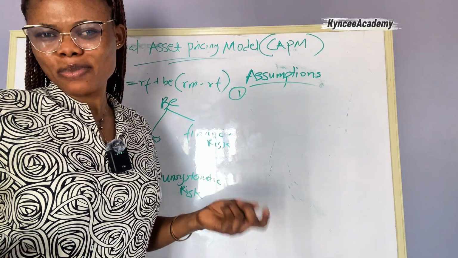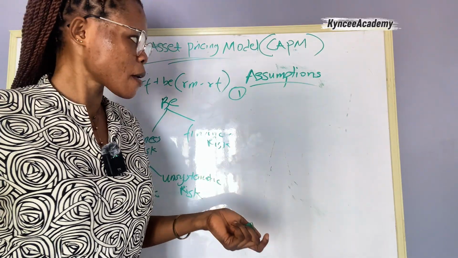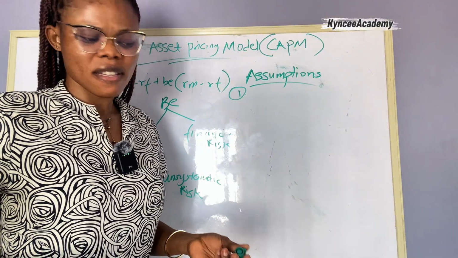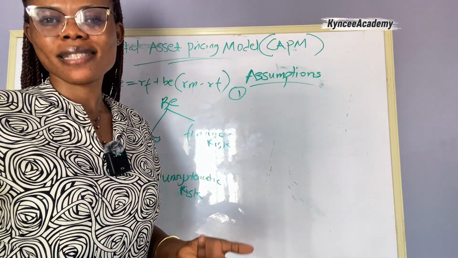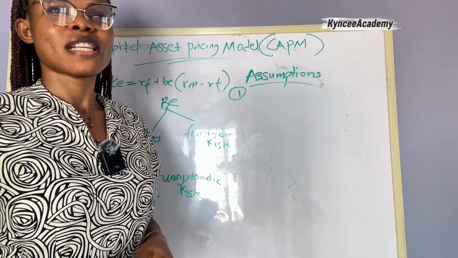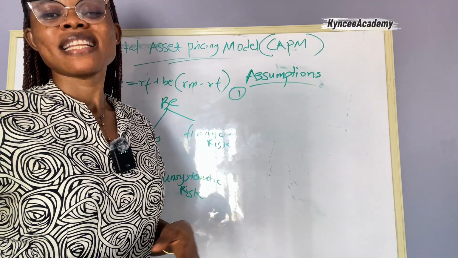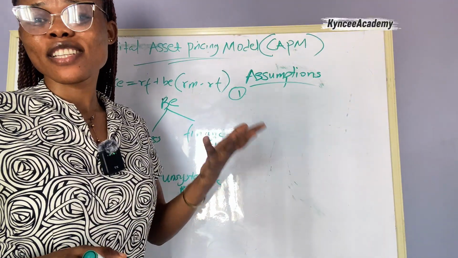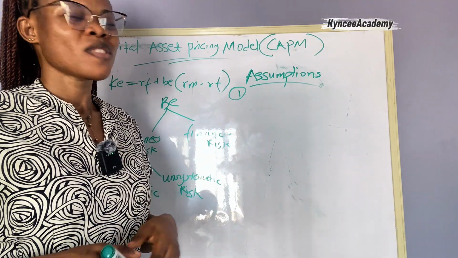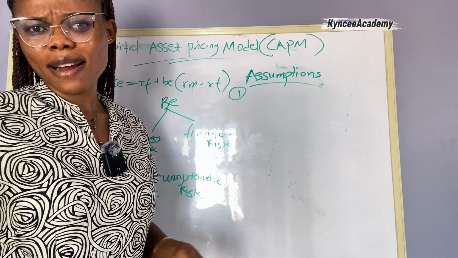Is that even possible in a real sense? It's not possible, because when it comes to investment, investors have a big appetite for risk. They believe that the higher the return, the higher the risk, and they are willing to take that risk.